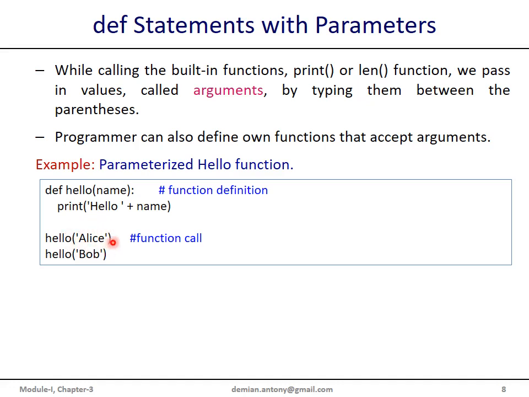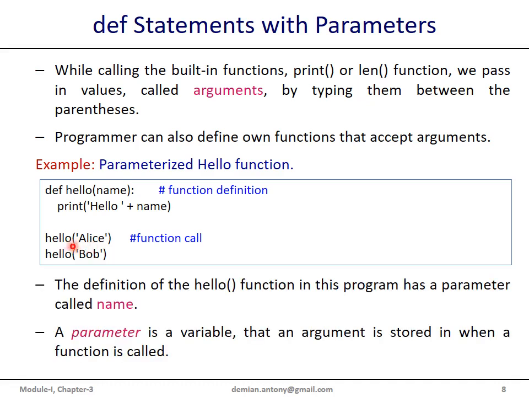This is the actual value that we are supplying. Here we are supplying Alice. Alice is the actual value that is copied to the parameter name. This is the parameter name. This is the argument.